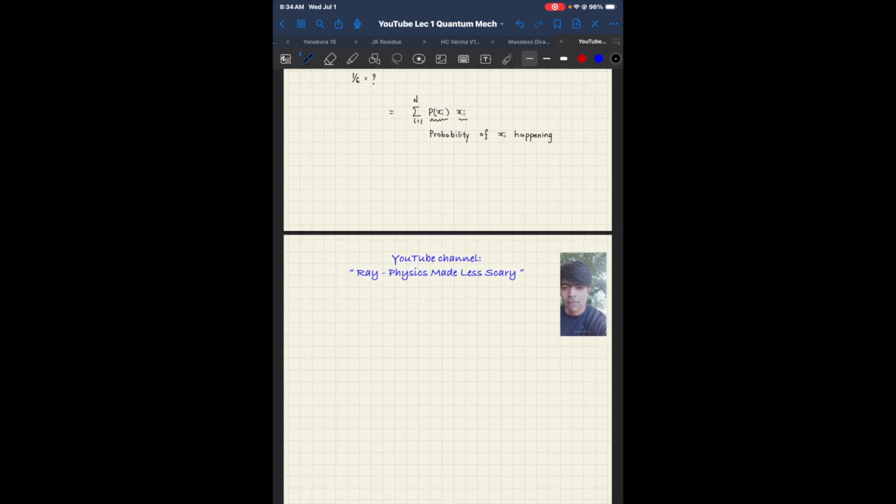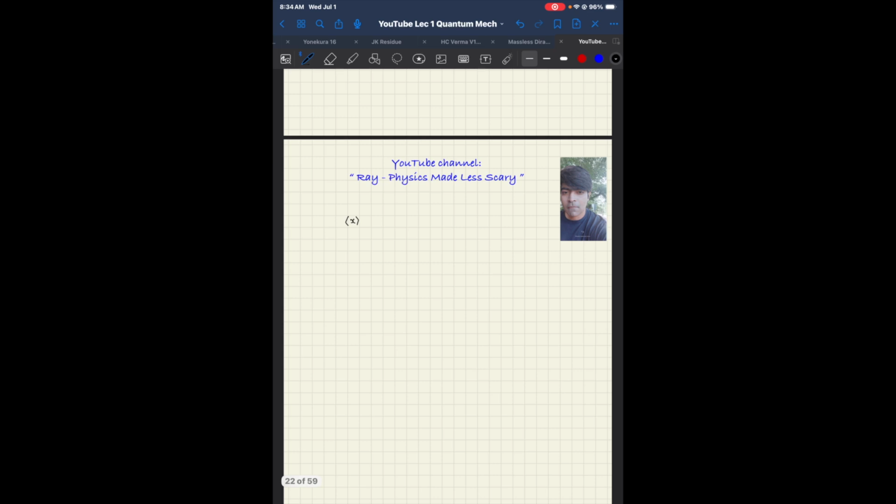This formula would be generalized in a very obvious way in quantum mechanics. This formula, let me write it again, p(xi) xi.